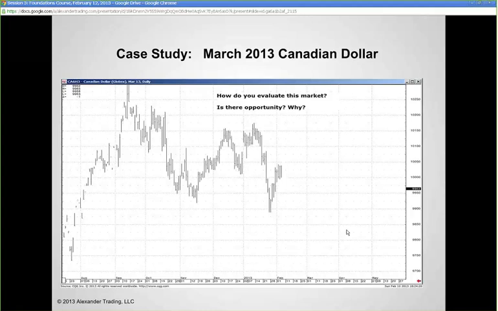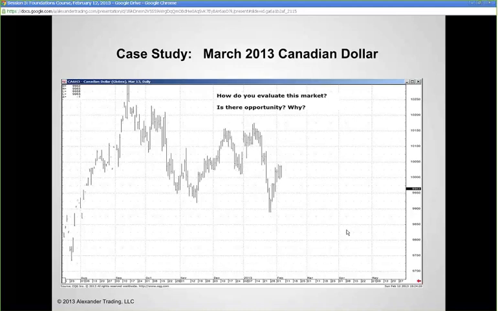Okay, so this is the March 2013 Canadian dollar. This is very close to where we are in time. I saw this example and I thought this was a wonderful lesson in trading market conditions.